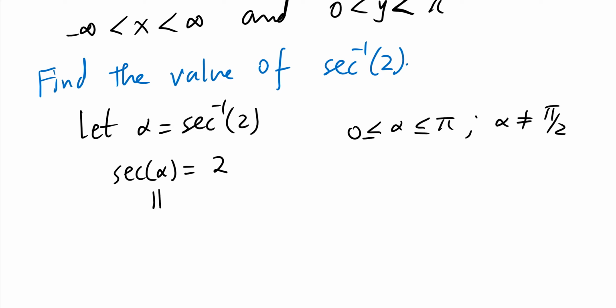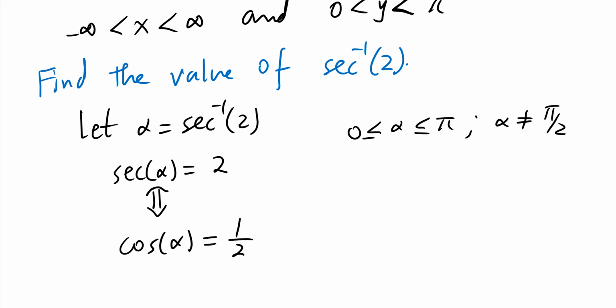From here, if I want to find what that is, this is equivalent to saying that cosine alpha is 1/2. If you flip both sides, 1 over secant is cosine. What is the value of alpha?